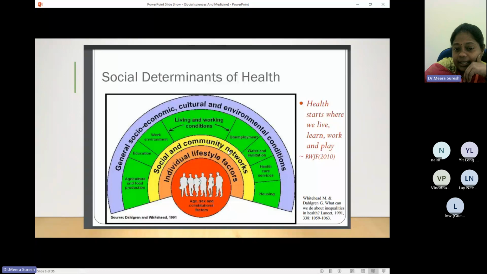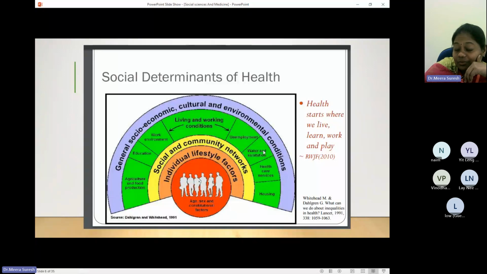Then there is the social and community network, how that is managed, and general socioeconomic, cultural, environmental conditions. In between there are the living conditions, support from the society, his relation to the society and colleagues, and what his working condition is.